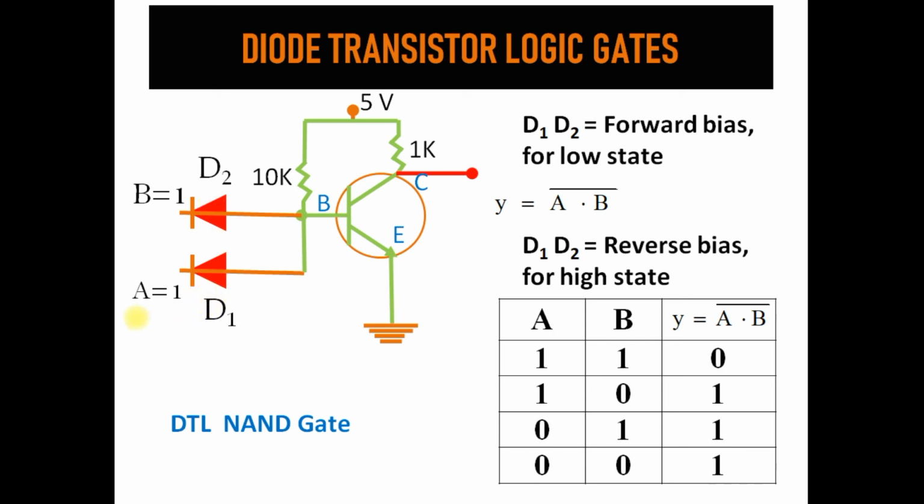Similarly, diode D1 is also in the reverse bias, then they won't conduct. So this 5 volt comes in this direction, and then there is a base current or voltage. This current or voltage makes a complete path for the flow of current or voltage.